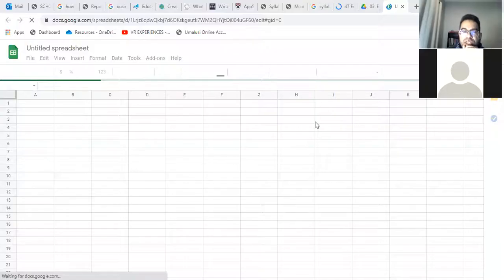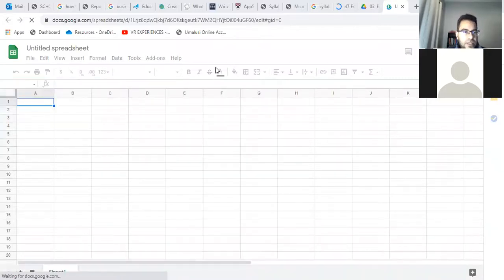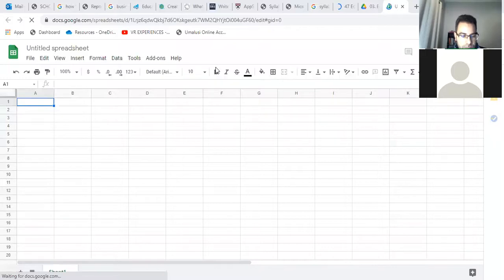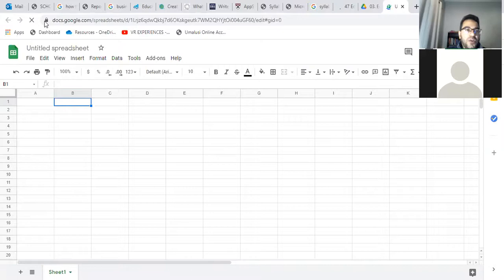Okay, you should be able to see Excel or Google Sheets. So let's deal with this. So we need to do part A, which is prepare the statement of financial position, equity section only. Okay, so how will that look?